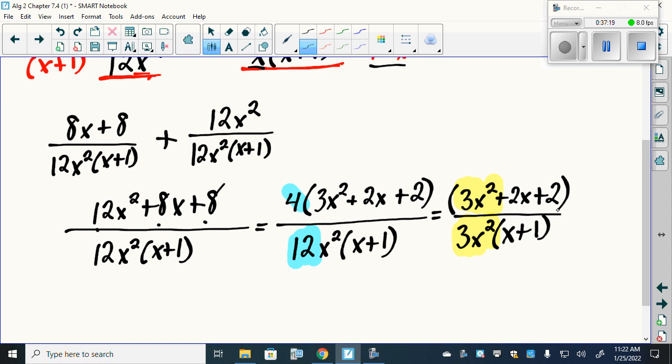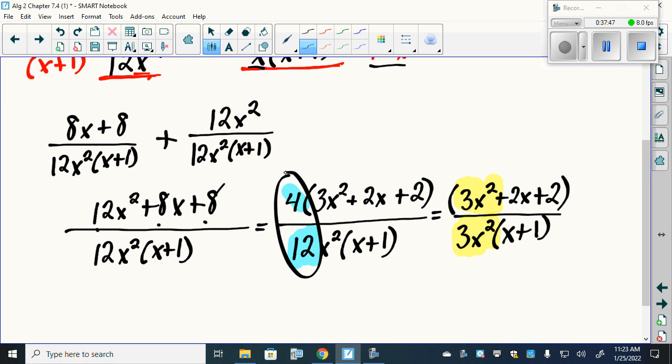That is all one term. The 3x squared on bottom is being multiplied with the x plus 1. So if I did have 3x squared being multiplied on top, then we could simplify like we did with the 4 and 12. They're both being multiplied on the outside. That is fine. But because the 3x squared on top is being added to the 2x and the 2, 3x squared plus 2x plus 2, that is one whole term. I can't just cross those two out.